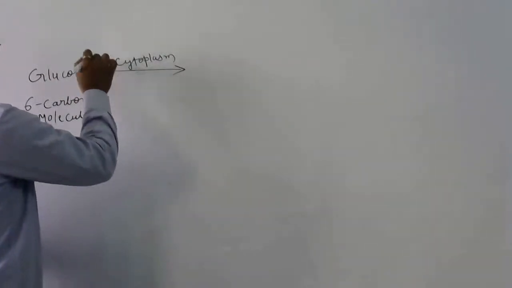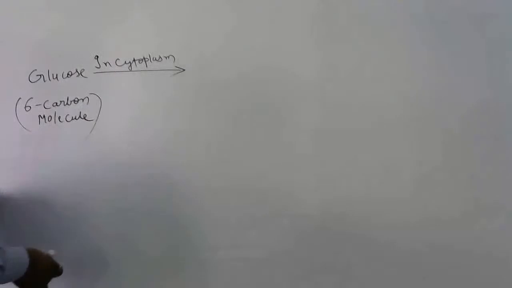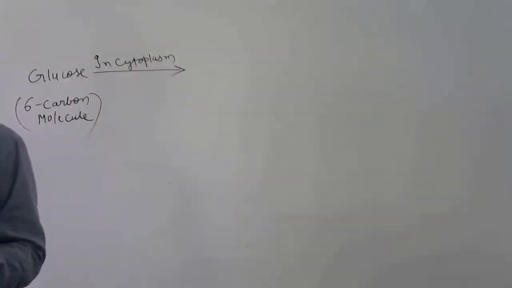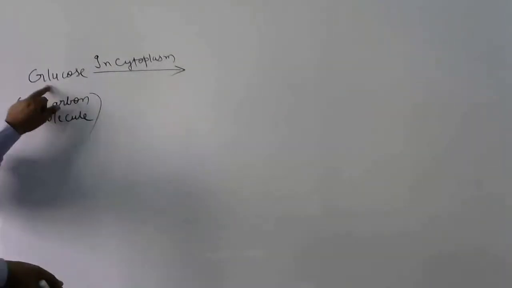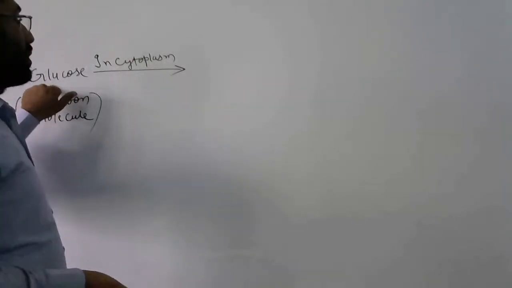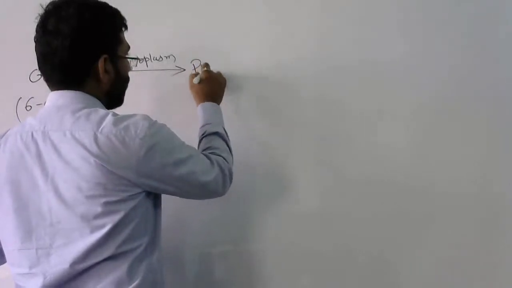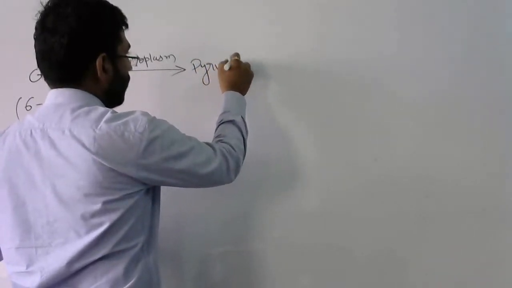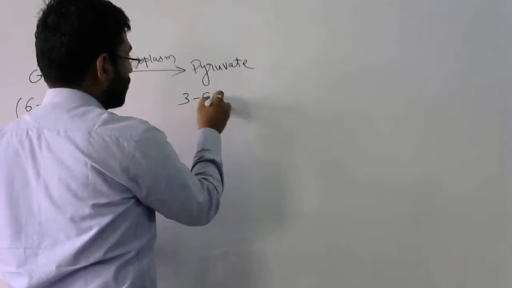Glucose is a molecule having only 6 carbon. It will break down in the cytoplasm into pyruvate. This pyruvate is a 3 carbon molecule.